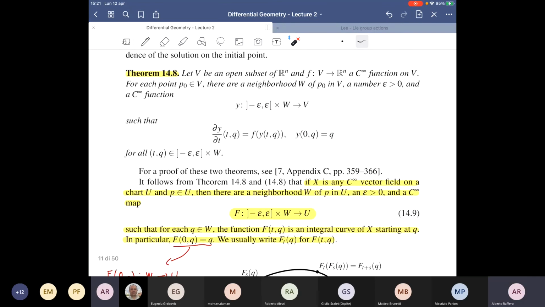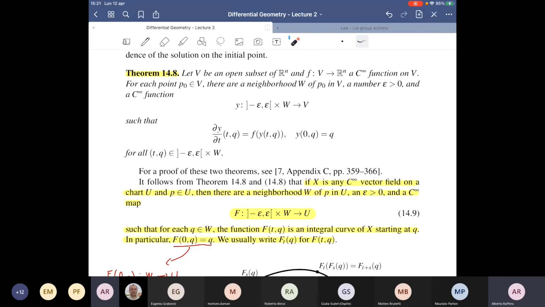So again, what does this tell us at the manifold level? Well, at the manifold level, this is telling us that we also have a smooth dependence of the integral curve of a vector field on the initial point where it starts.